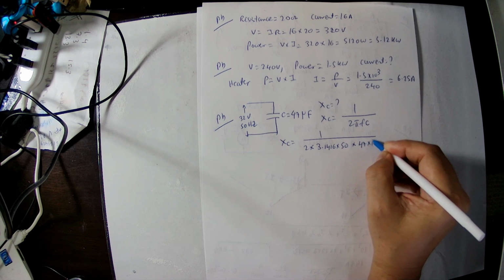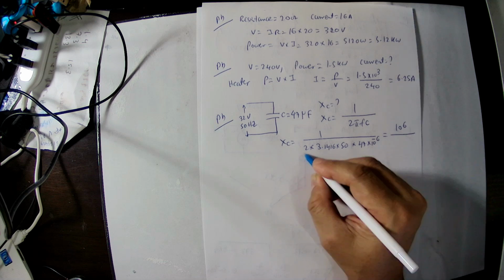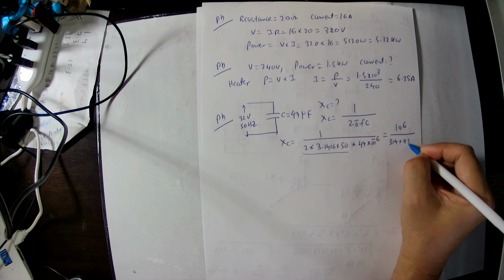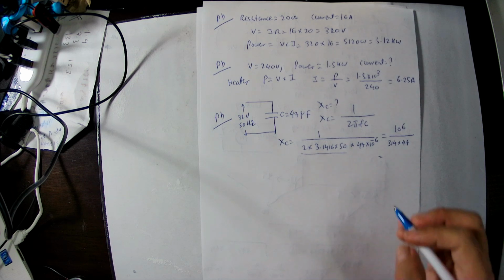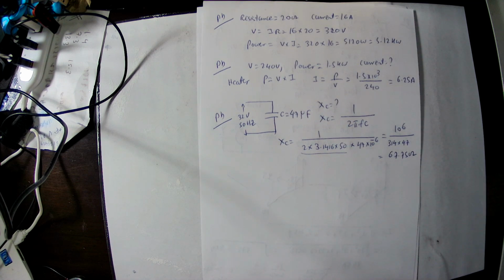That will be 10 power 6 divided by 314 multiplied by 47. Then we calculate XC: 10 power 6 divided by 314 divided by 47. So you get 67.75. So the capacitive reactance is 67.75 ohm.